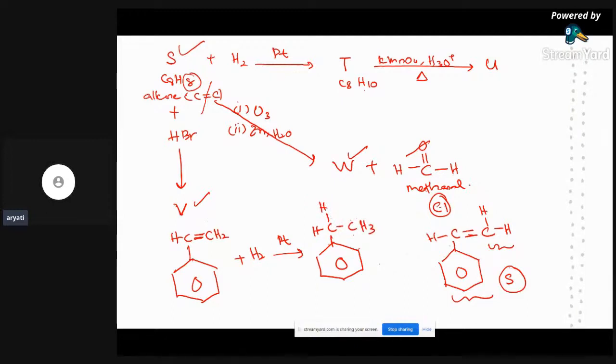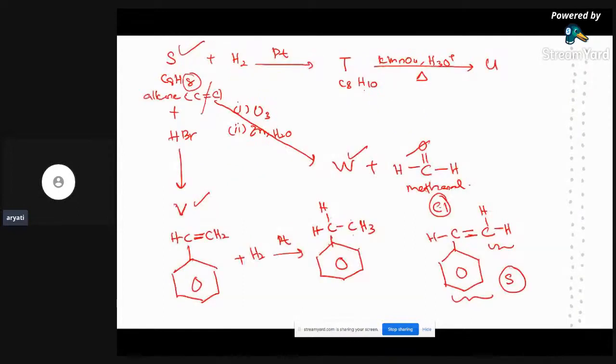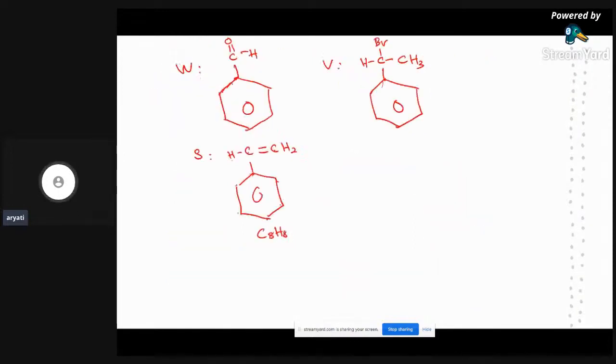CH3. Okay, so structure bagi T adalah, S jadi CH, sini CH2, CH3.